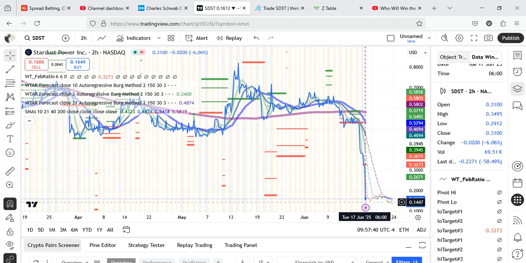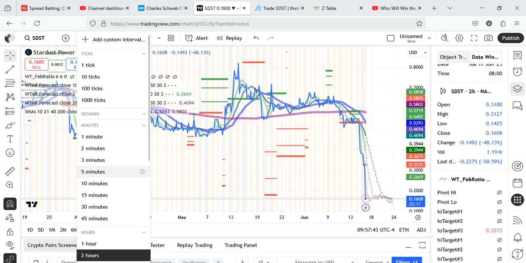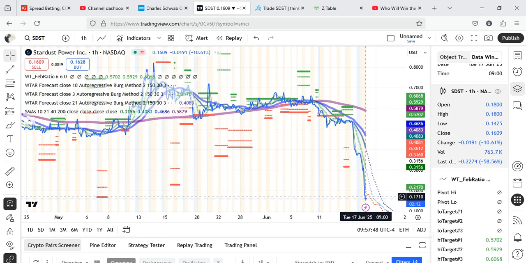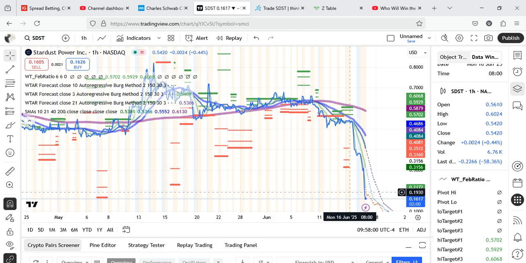We have 0.3273 as well. That's almost 100% upside to the current levels. Yes, we have here projections all the way towards 0.6068. Below that 0.5929, below that 0.5702.